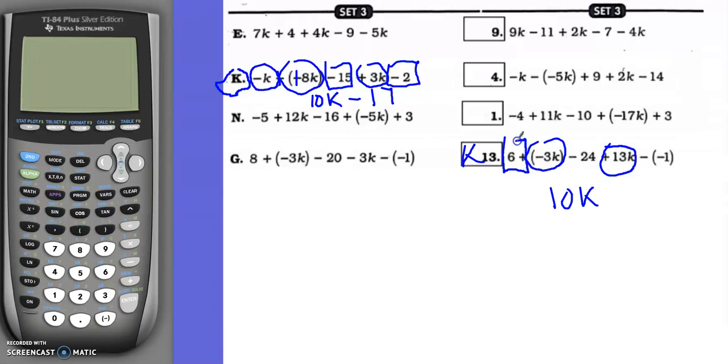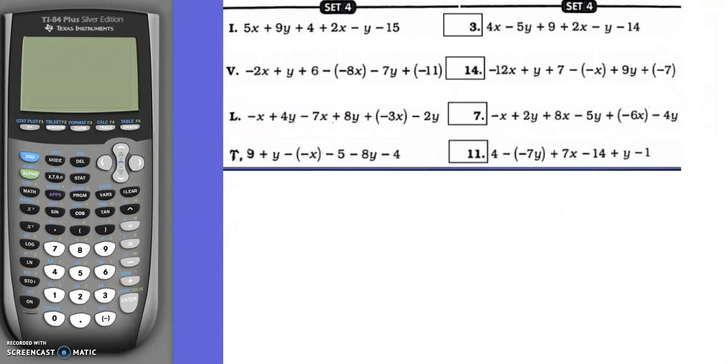Then we're going to combine a 6, negative 24, add the opposite. 6 plus 1 is 7, and then negative 24 plus 7 is going to get us minus 17. Okay, you're going to do set 4 by yourself. Flip it to the back side.